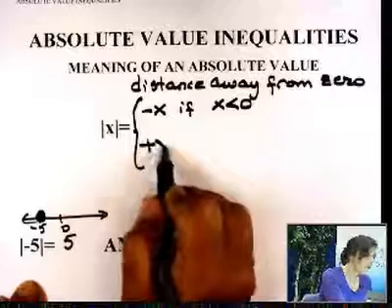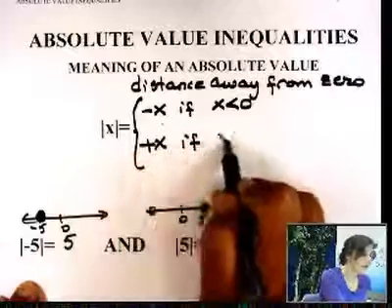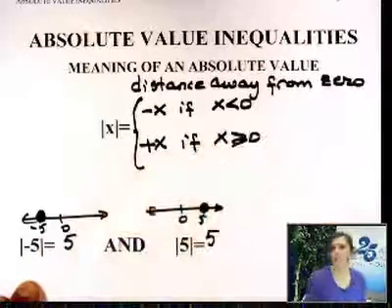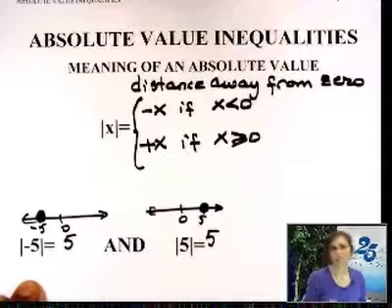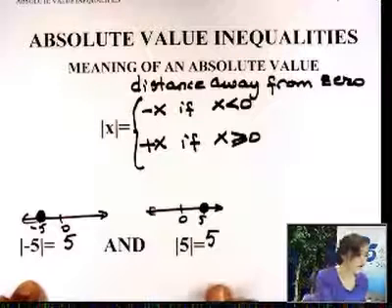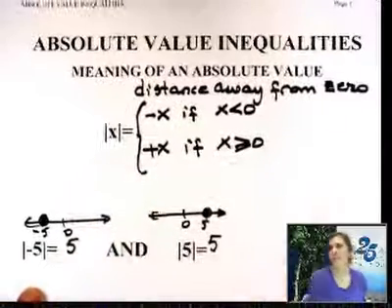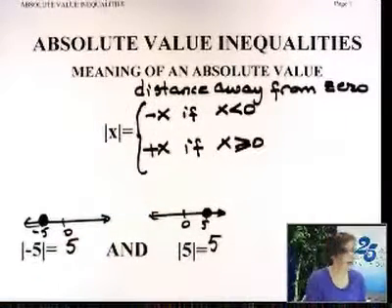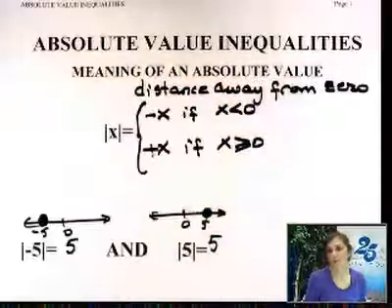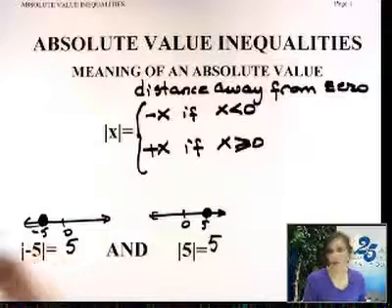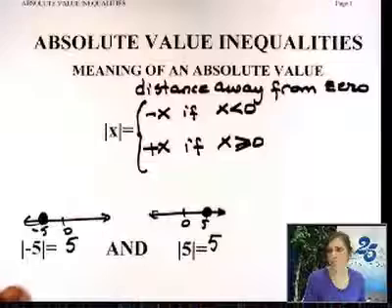It's equal to positive x if x is greater than or equal to 0. So positive 0 is 0, positive 1 is 1. Okay? So this is the official algebraic definition of absolute value. This is the physical definition of absolute value, and this is the mathematical examples related to absolute value.